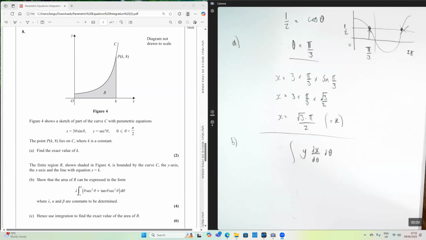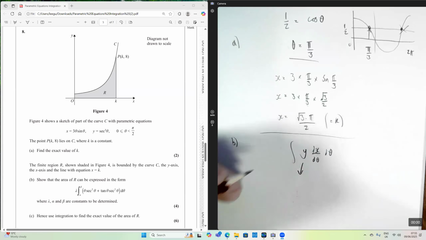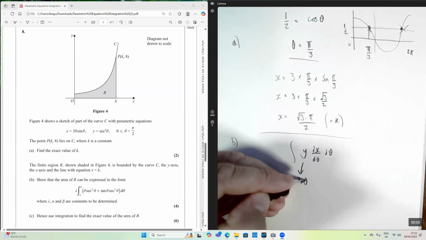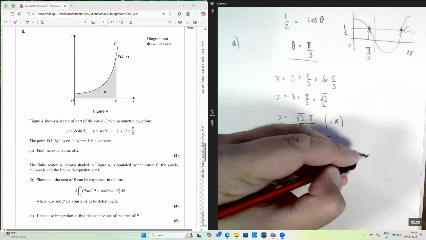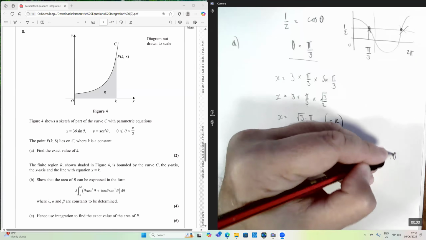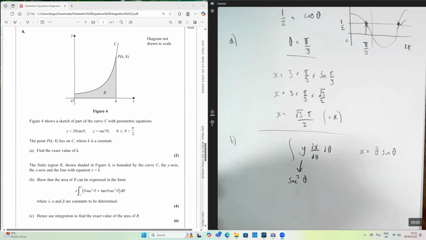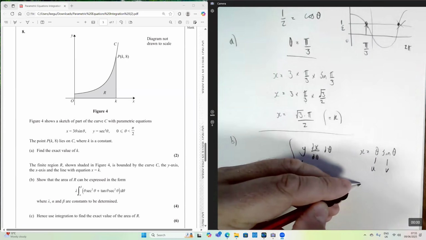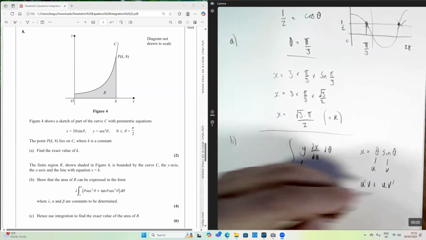So let's have a little think about that. Our y, that's nice, is just sec cubed theta. And then dx by d theta: our x is theta times sine theta, so to differentiate that we're going to need the product rule. I'm going to call theta u and sine theta v, and my product rule is u dash v add u v dashed.